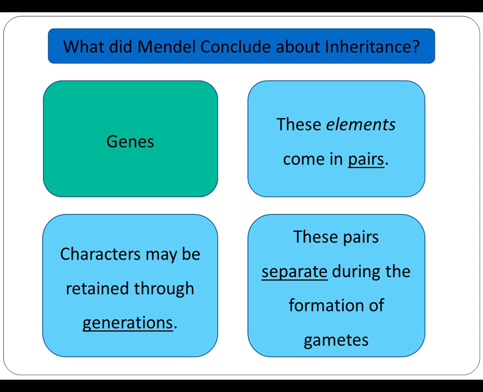He also identified that these genes may come in pairs, and his terminology has now been called those homologous chromosomes that we saw lining up during meiosis. They're replicated. Yes, they do come in pairs. And then tying right into it, he said these characters are retained through generations.